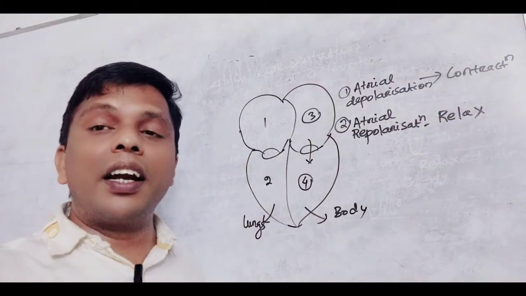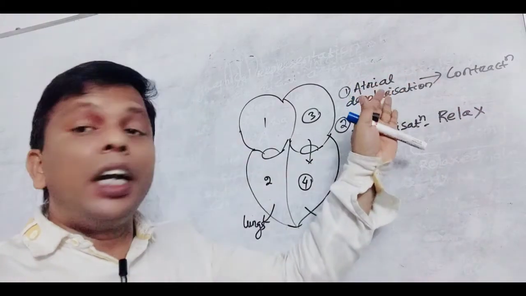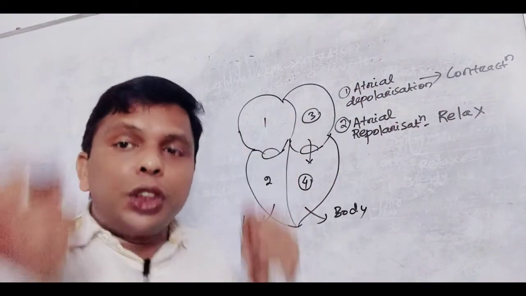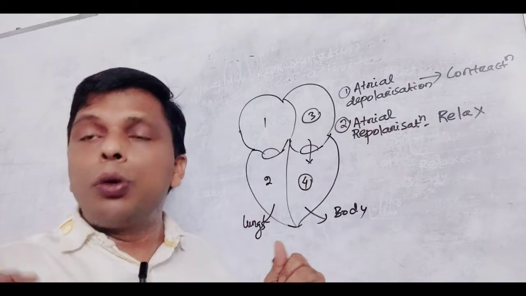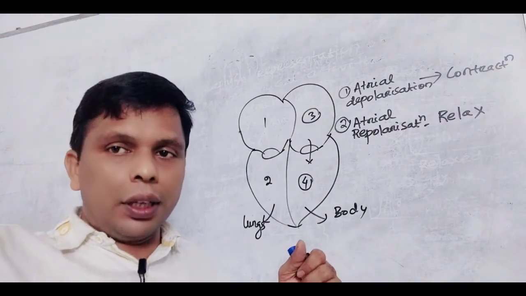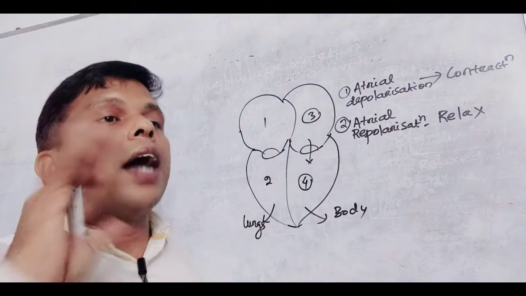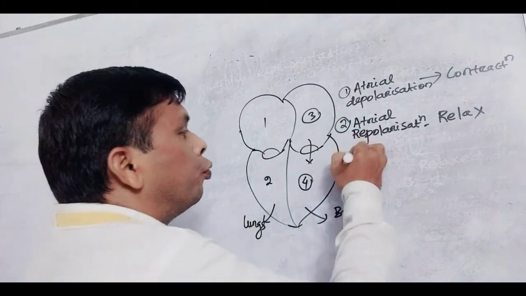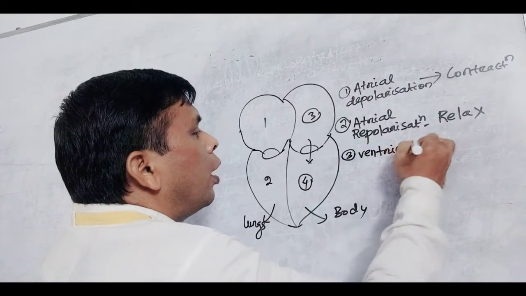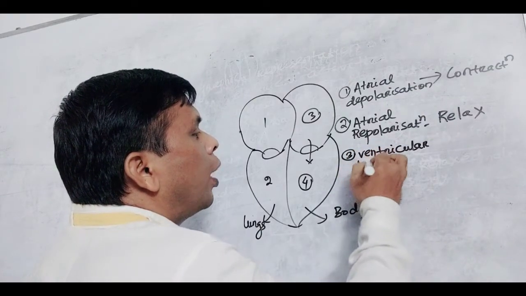The second electrical event: what happens during this period? The muscle cells receive sodium. During this phase, potassium is expelled out. Clear? The third event, ventricular depolarization.